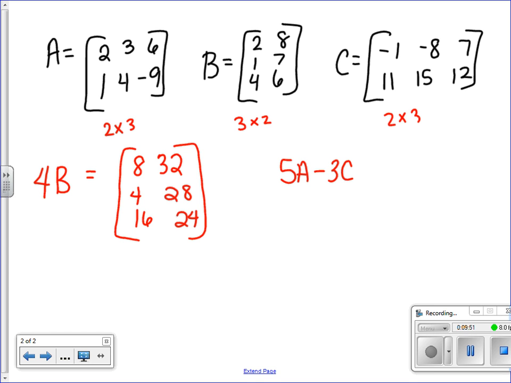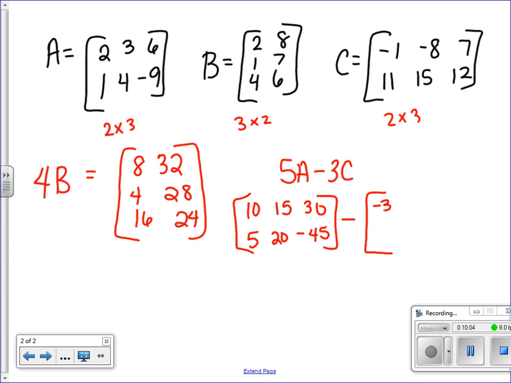Like, let's say you'd have 10, 15, 30, 5, 20, negative 45, minus negative 3, negative 24, 21, 33, 45, 36, and then subtract.